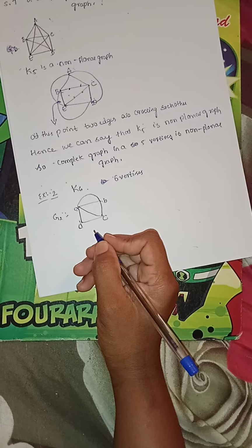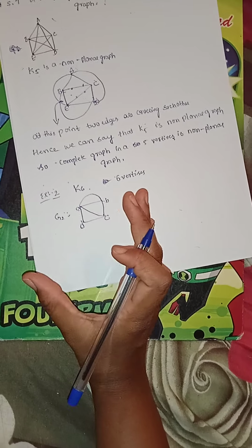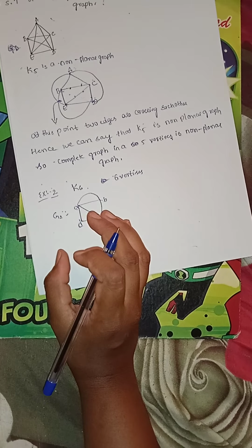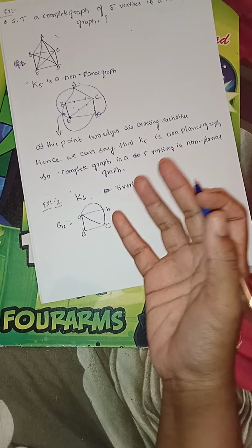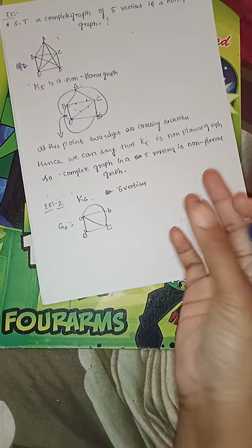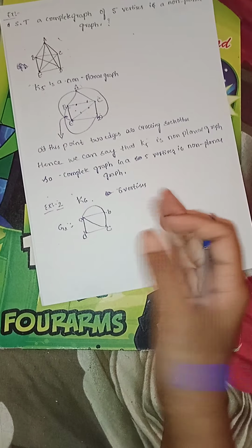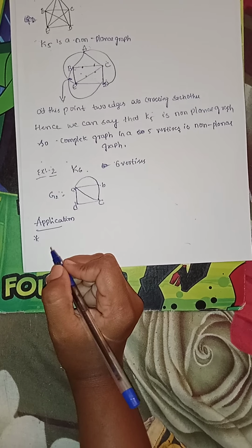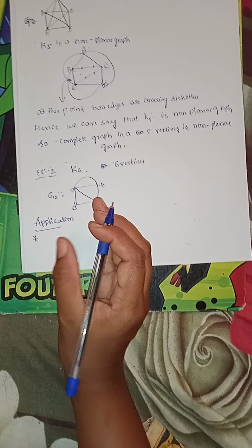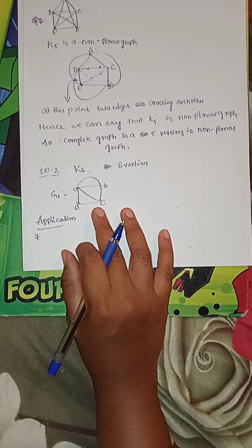Now we discuss the applications of planar graphs. Where do we use planar graphs? What are the uses of planar graphs? Planar graphs are used in many practical applications with graph structures without crossing edges.